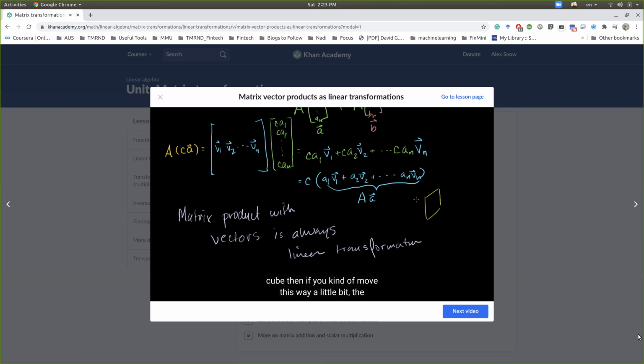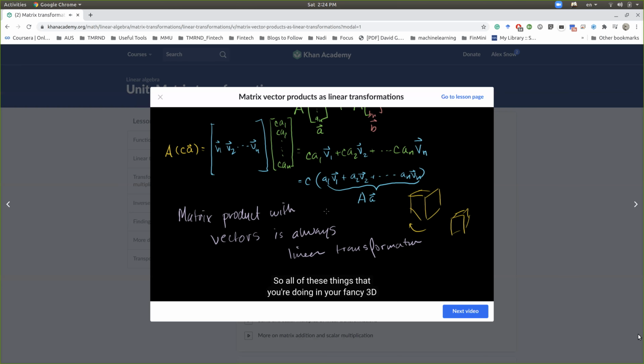You have a cube, and if you move this way a little bit, the cube will look more like this, and it gets rotated, and you move up and down. These are all transformations of vectors, or the positions of vectors, and I'll do that in a lot more detail. And all of that is really just matrix multiplications.